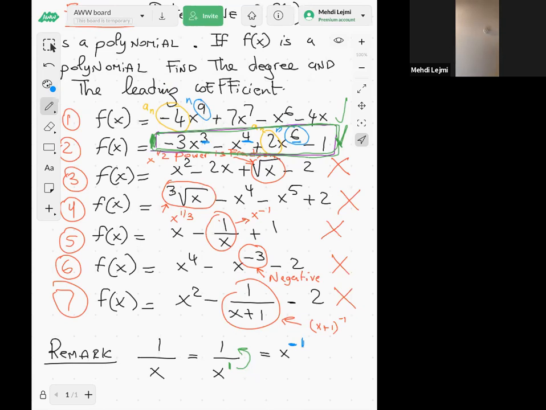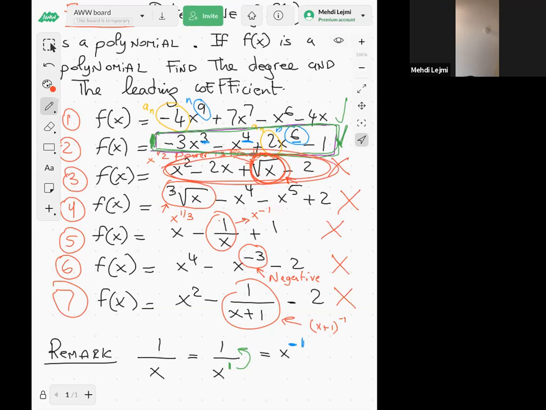The whole thing is not a polynomial because one of the terms here is the square root of x, so we said it's x to the power 1/2. Because the power here is a fraction, the whole function f is not a polynomial.